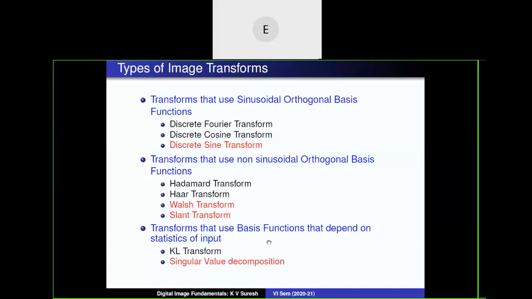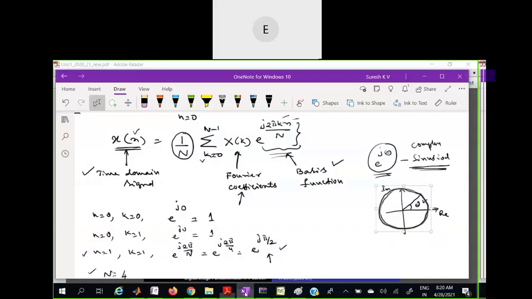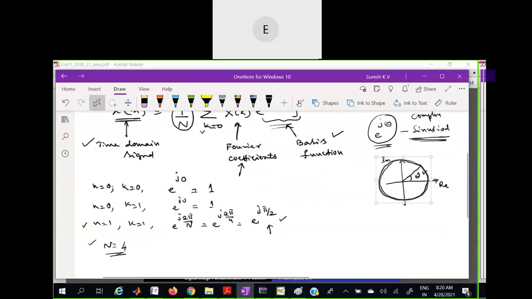The third one is where the basis functions depend on the statistics of the input. Let me go back to this. I calculated the basis function. For n is 0, k is 0, it is 1. For n is 0, k is 1, it is 1. Both of them 1, it is e power j 2 pi, etc. Now notice here, nowhere have I used x of n.